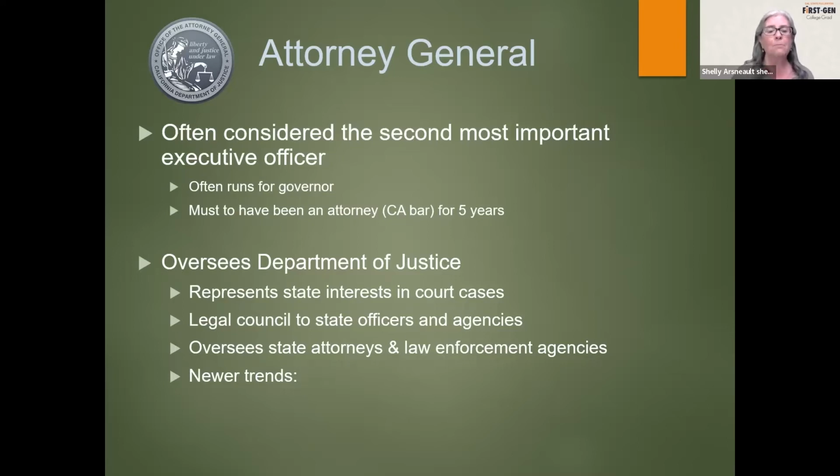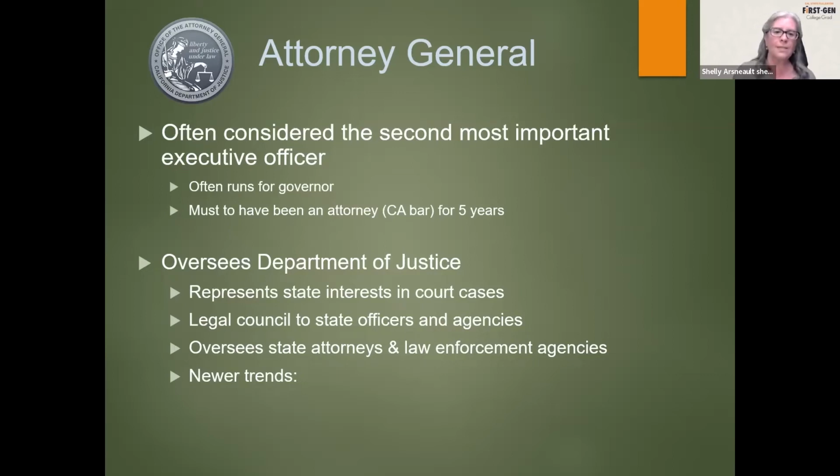And so that can be important. There is currently a situation in Los Angeles County with the Sheriff's Department that the Attorney General has taken over so that there was not a conflict of interest in the Sheriff's Department investigating itself, right? So again, these things matter, and this is how the system works.